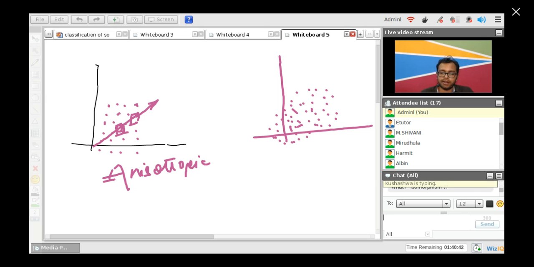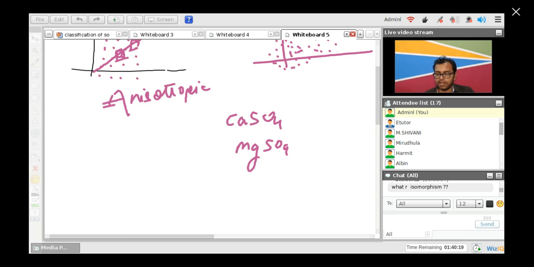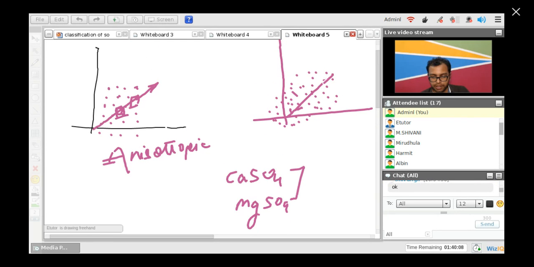And for two solids to be isomorphous, they should also have a similar molecular formula. So CaSO4 and MgSO4 can be isomorphous in nature, right? These two have similar molecular formula, so that's why they can be isomorphous. Clear? Okay.